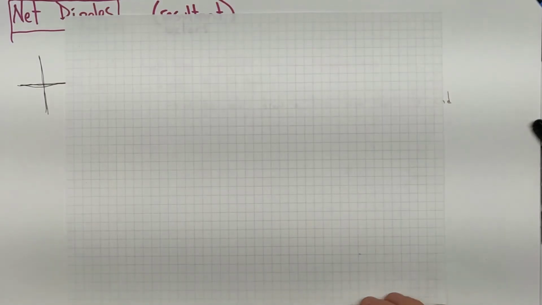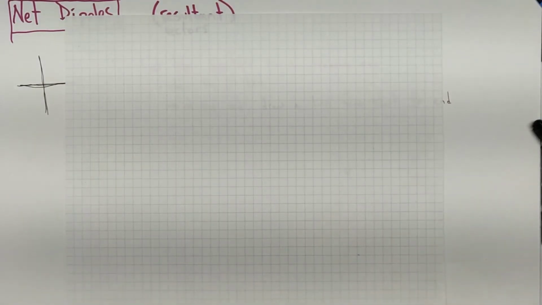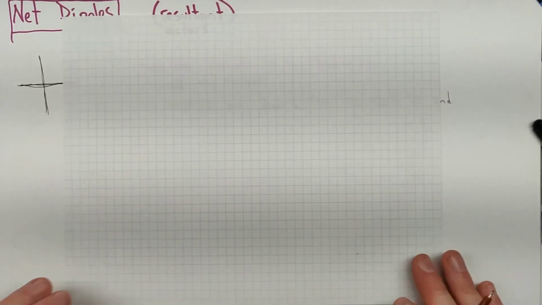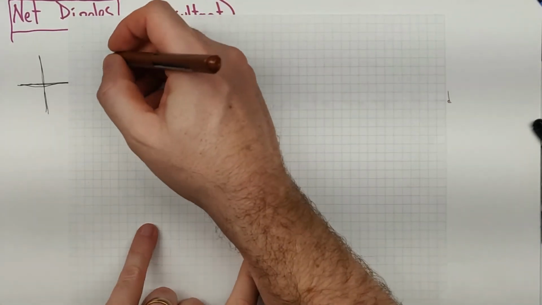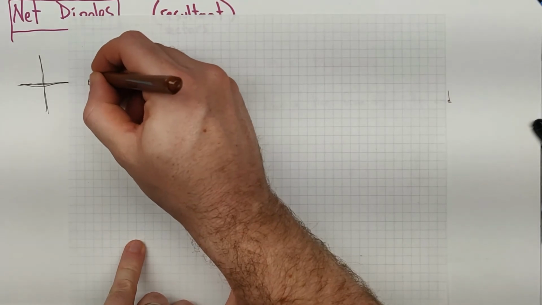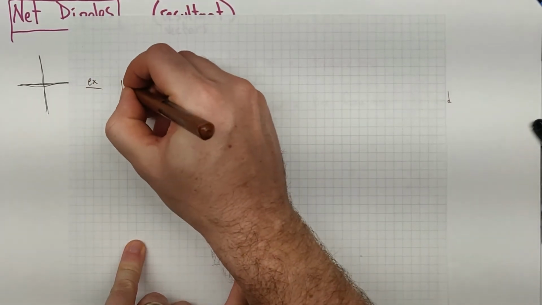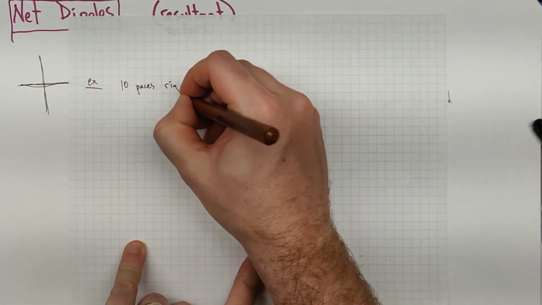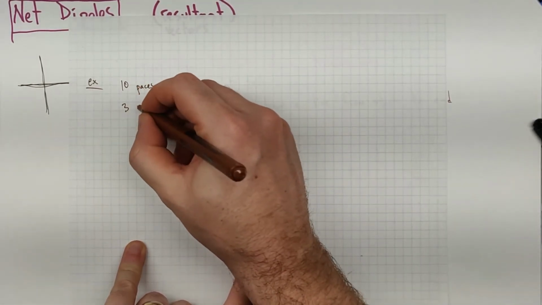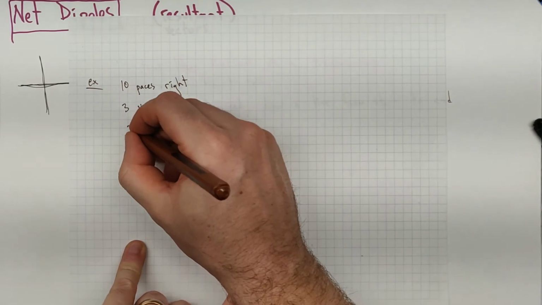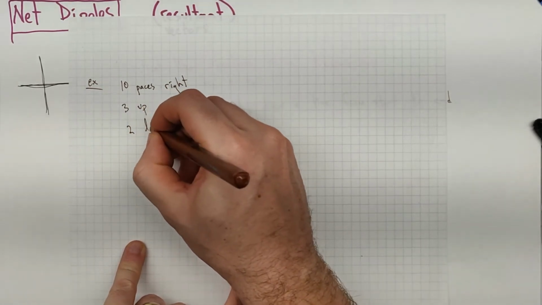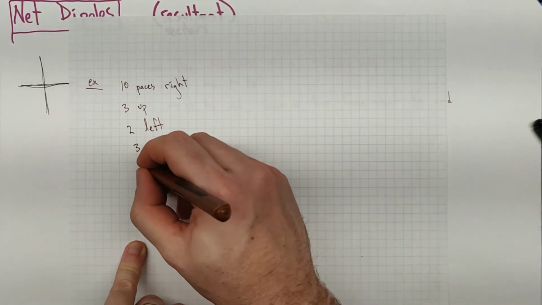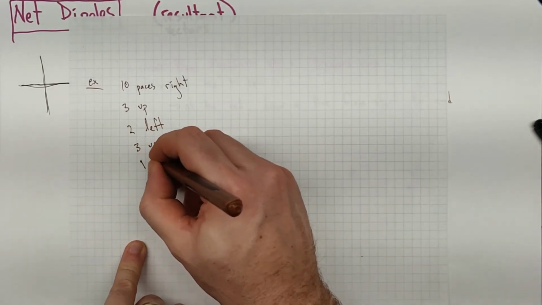What we're going to do is make up some instructions for our treasure map and follow them through and see what our net displacement is in a situation like this. So we'll just say, for instance, we'll go like 10 paces to the right, then 3 up, and then 2 left, and 3 up, and maybe 1 to the right.